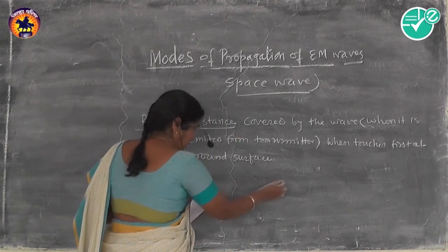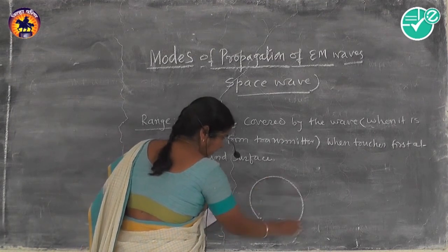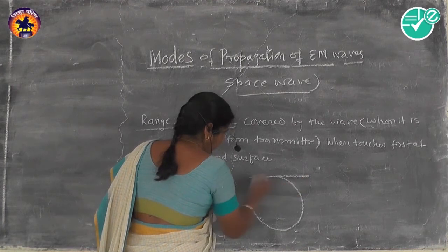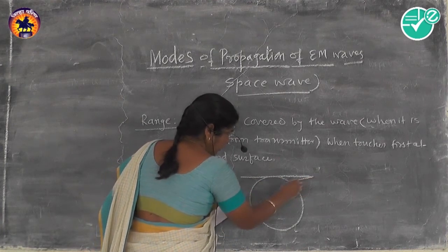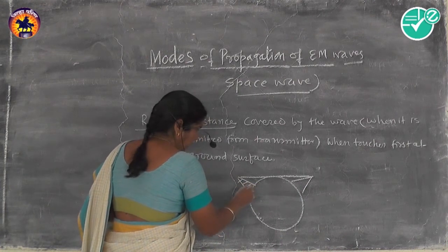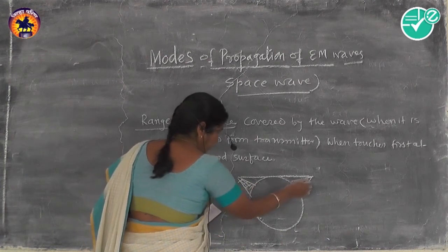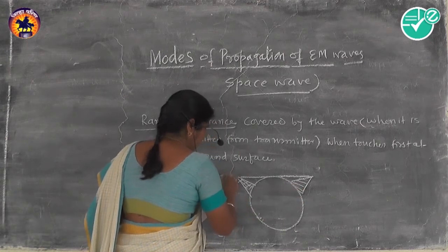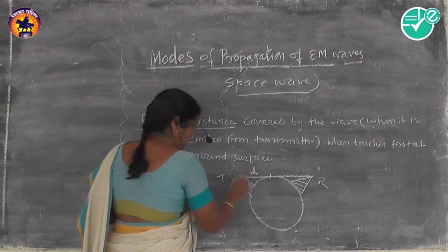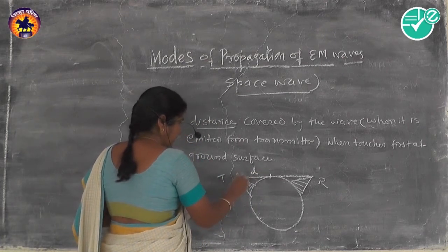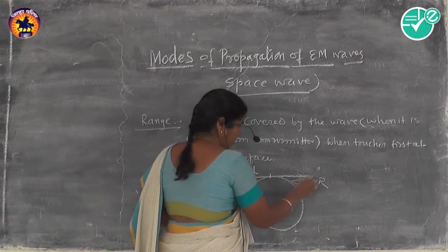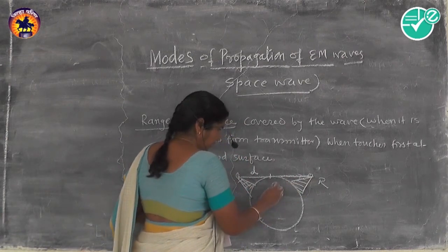So if we draw a diagram, there are a transmitter antenna and a receiver. The first distance here is known as d, the range. From this transmitter waves pass towards the receiver.